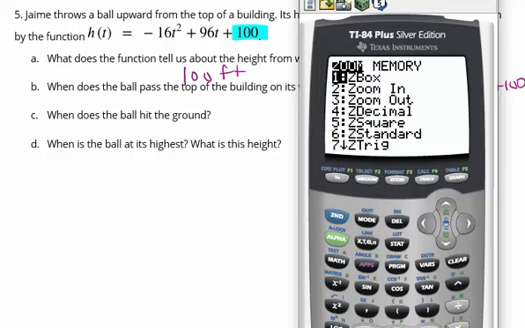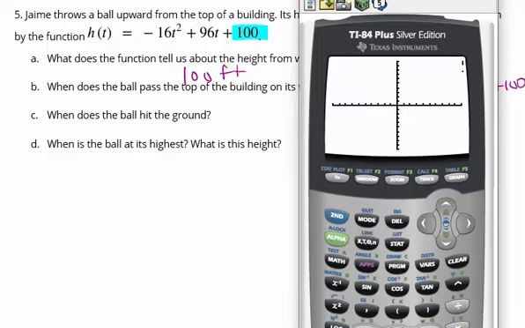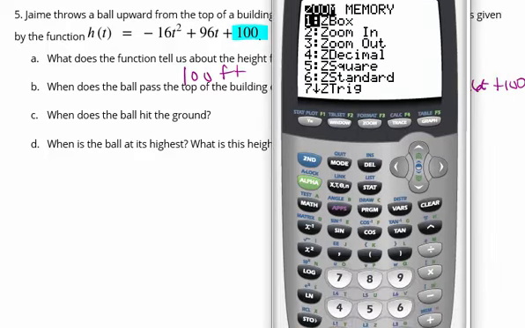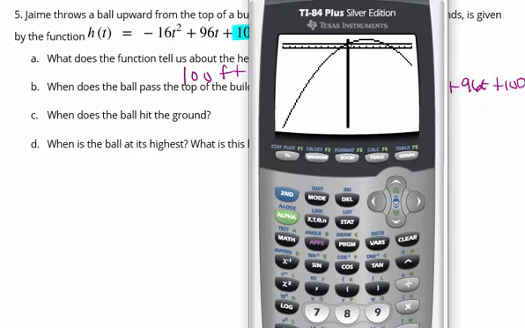I'm going to try to graph, so zoom 6 and then zoom 0. Okay, and I want to find the intersection of the curve with this line. Notice that there are two of them, but the first one occurs at time t equals 0, which is one we already knew.